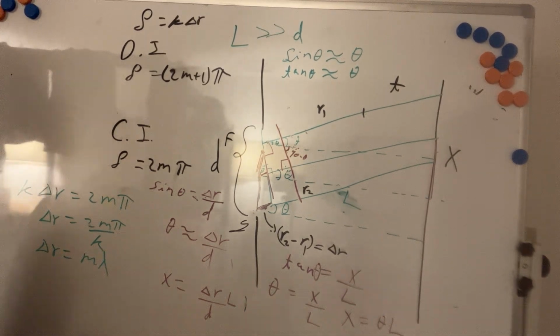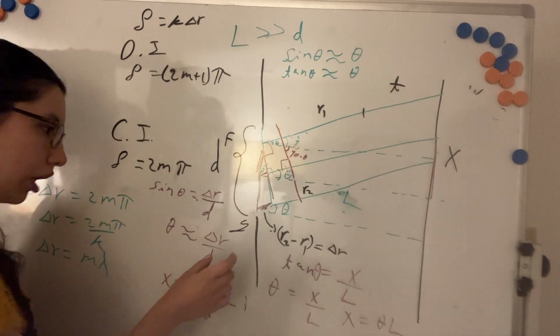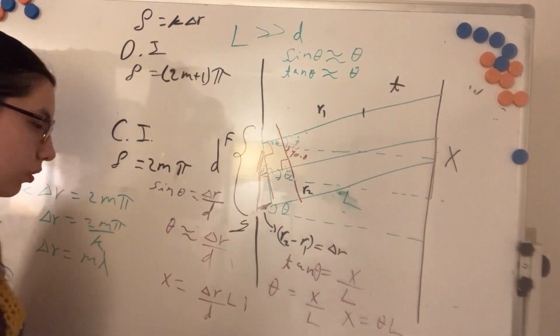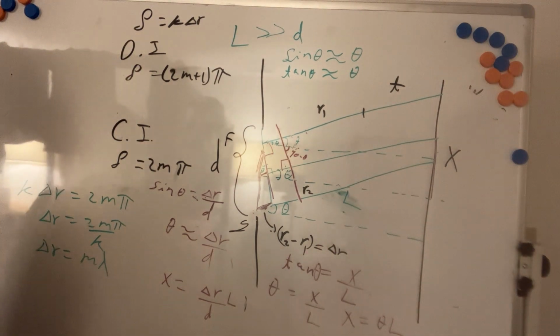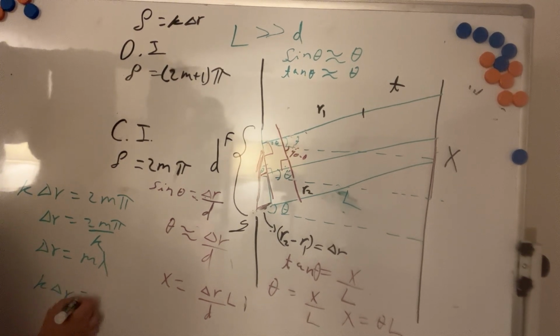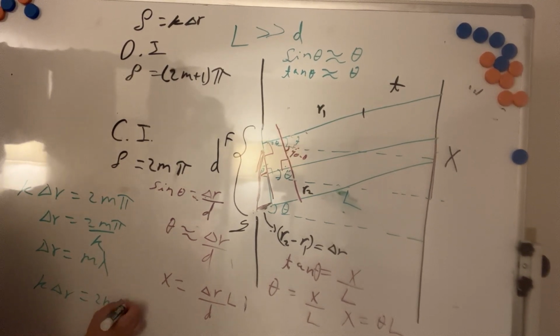So when R2 minus R1, the difference in the path traveled one way and the other way, is an integer multiple of lambda, we have constructive interference. On the other hand, for destructive interference, we have k delta R equal to 2m plus 1 times pi.